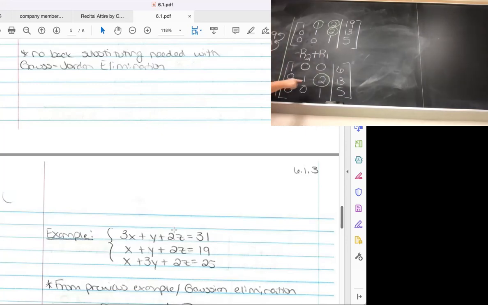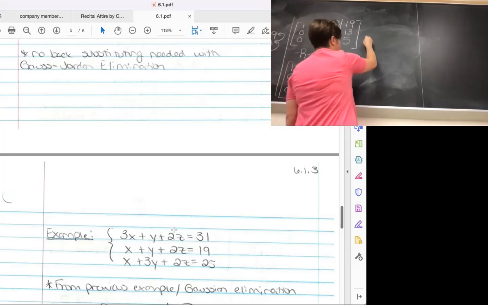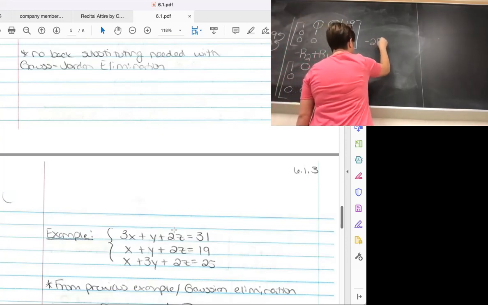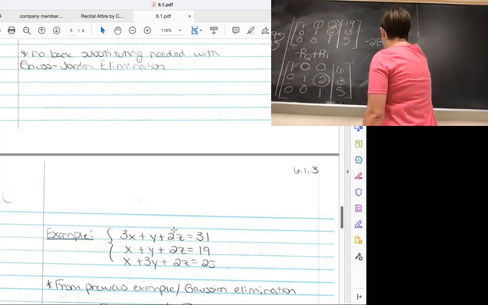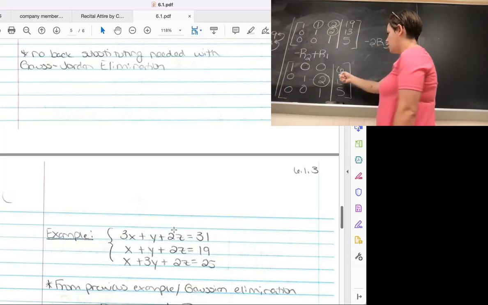Again, we need that 2 to be a 0. So what do you add to 2 to get you to 0? You add a -2. Well, if I multiply row 1 by -2, that's not going to get me there. I need to multiply row 3. So I'm going to multiply row 3 by -2, and I'm going to add that to row 2 because I need to change row 2.